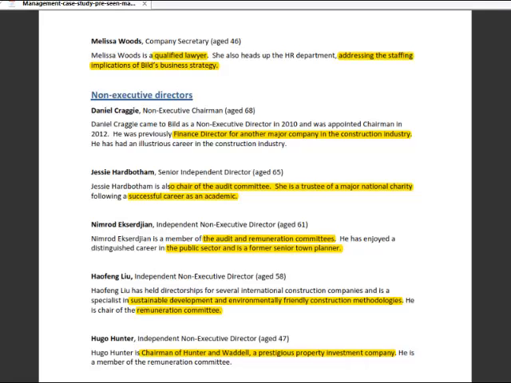The next one is Nimrod Eskurgian, I think if I'm pronouncing that correctly, member of the audit committee and the remuneration committee, distinguished career in the public sector, former town planner. Again, what experience have they got in finance and remuneration in a public competitive industry? That to me is a bit of a problem.